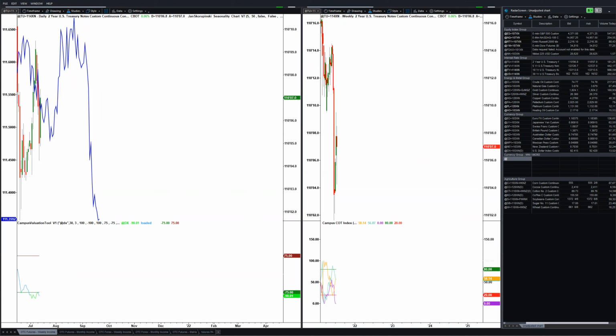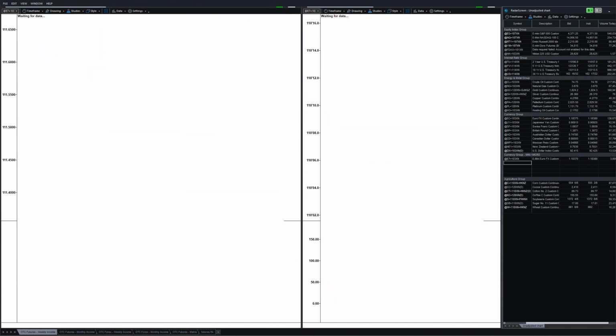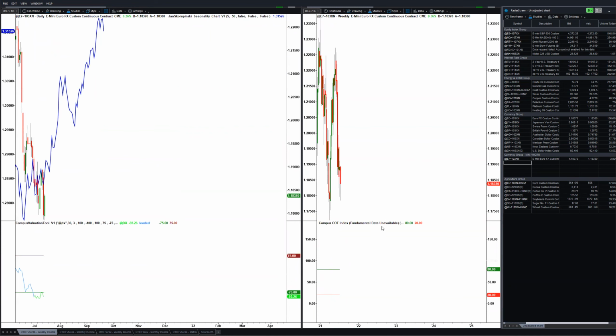At E7 equals 103xn. CUT data unavailable here, of course, right?